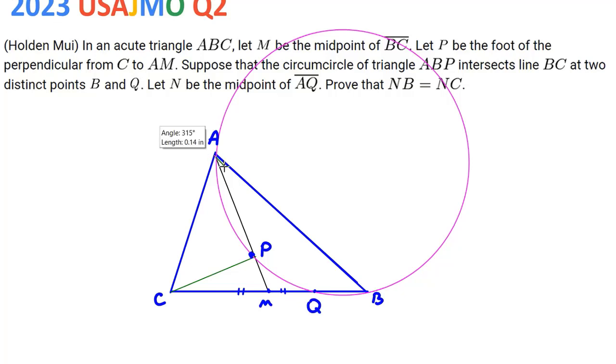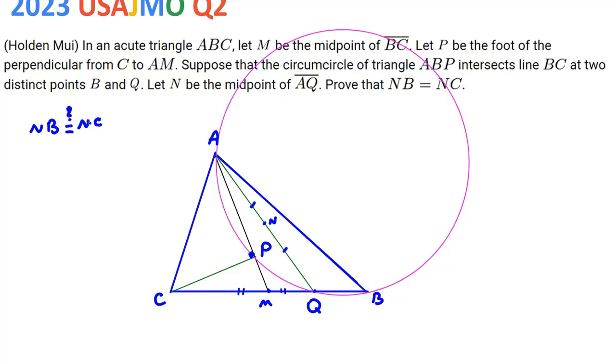So let's draw AQ and its midpoint. Okay, it's around this point. And the midpoint is N, the midpoint of this. The problem says prove that NB is equal to NC.